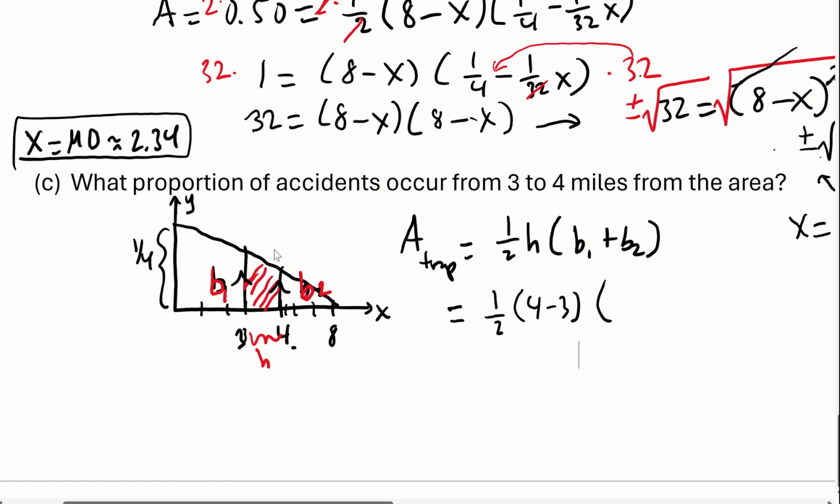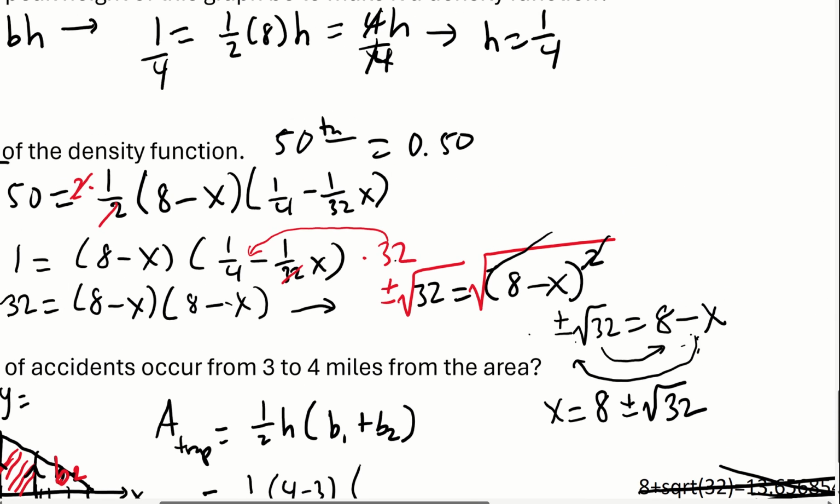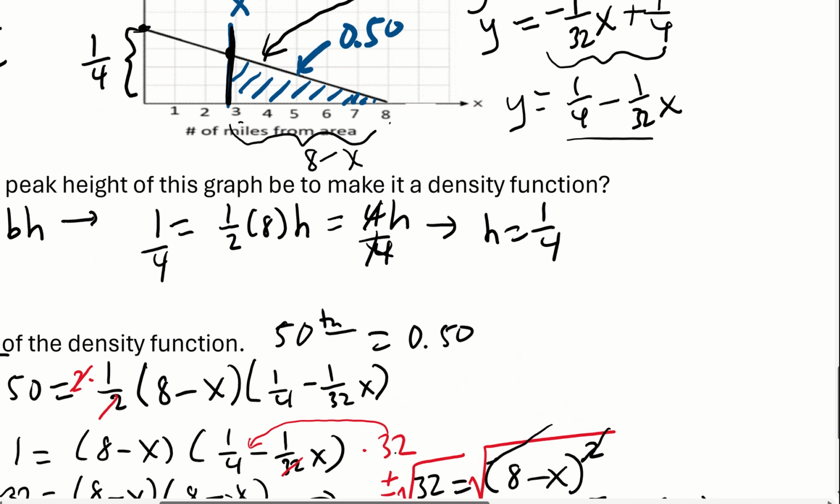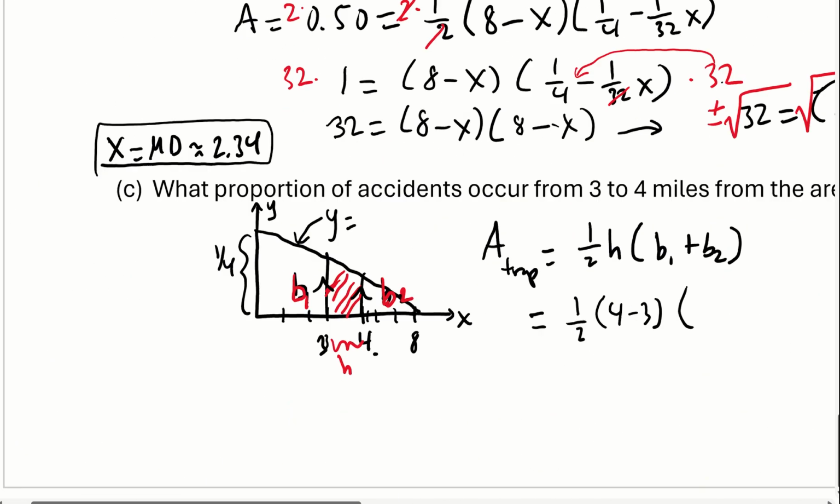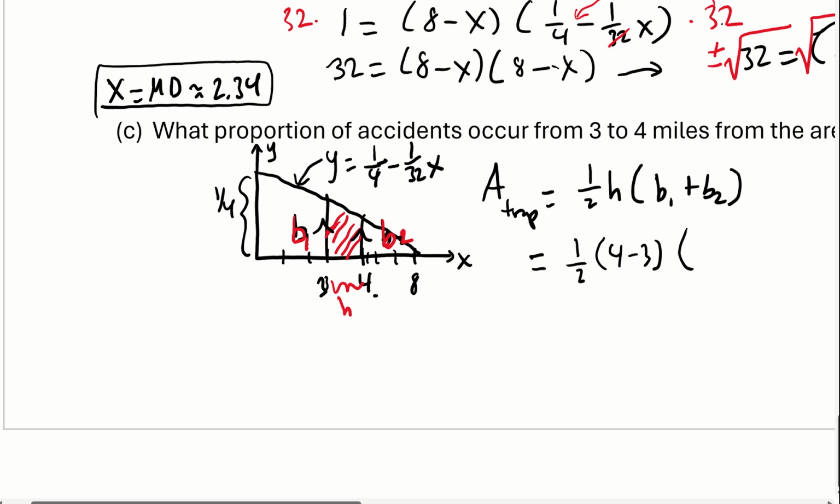Now, you have to find the bases using the equation. Remember, the equation is y equals 1/4 minus 1/32 x. That was the equation. So in order to get B1, we have to plug in 3 into that.